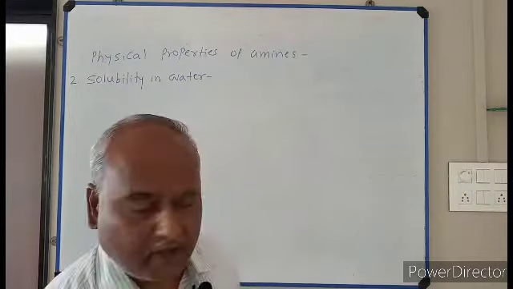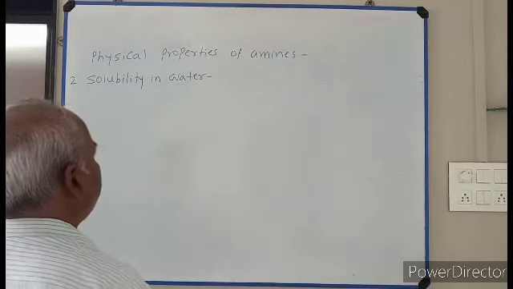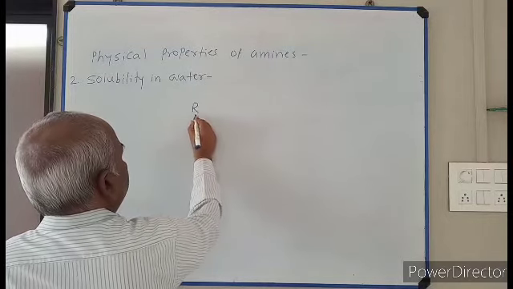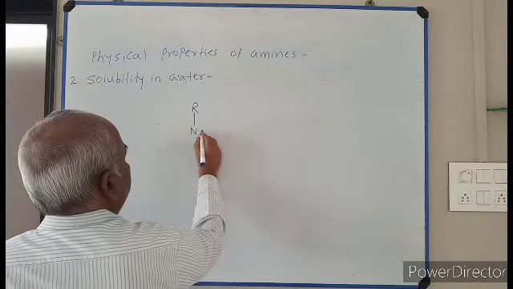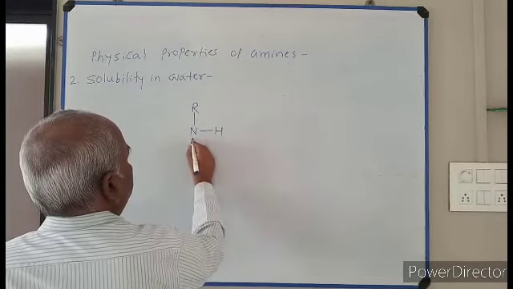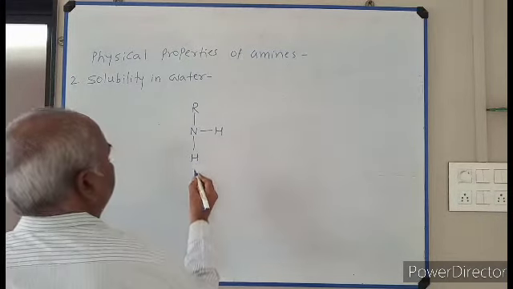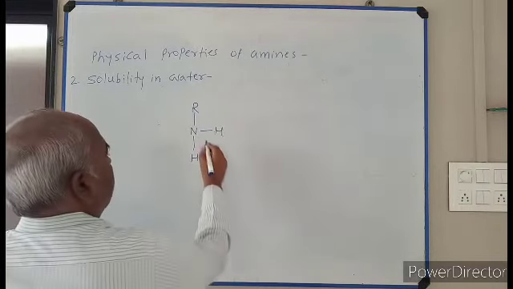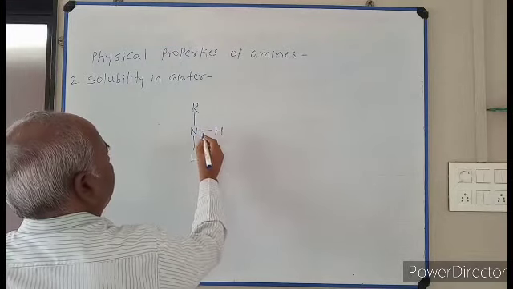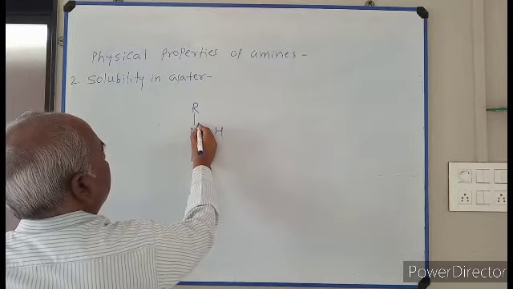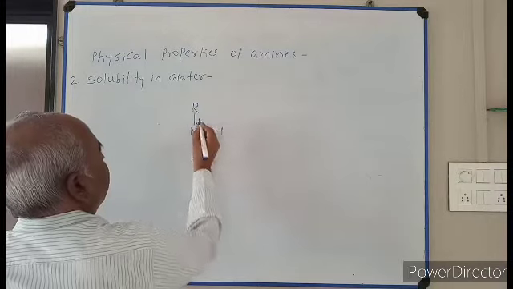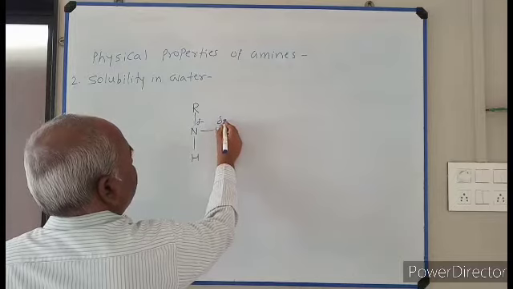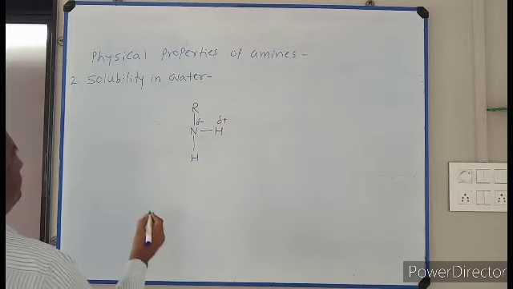So look here, I represent an amine molecule: R, single bond N, single bond H, single bond H. Nitrogen is more electronegative, therefore acquires delta negative charge, and hydrogen acquires delta positive charge.